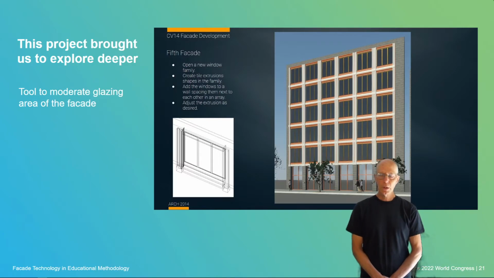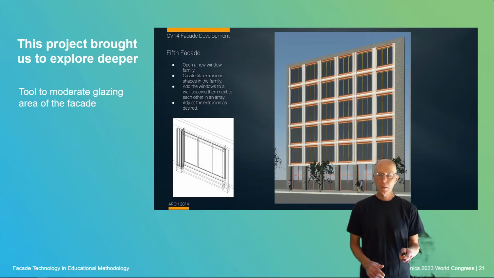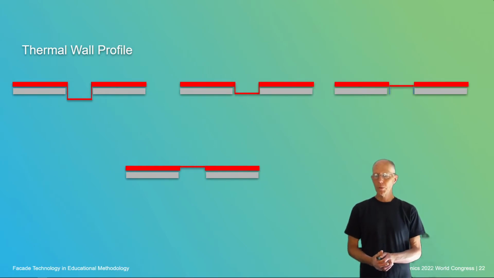So we start to look at creating just a simple window element, which we can add all kinds of columns, spandrels, and other elements in. And this was really a successful entry-level project. I want to mention this idea that this punched opening is a really important concept for managing our material usage and the performance of our curtain walls.